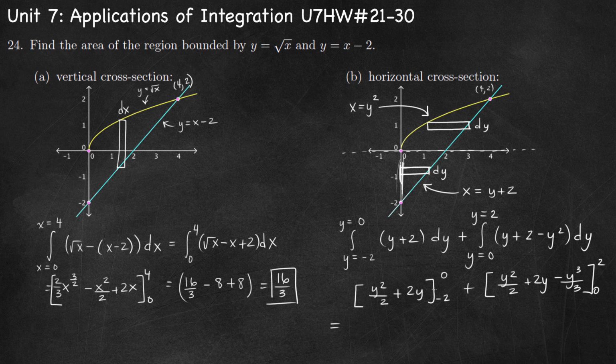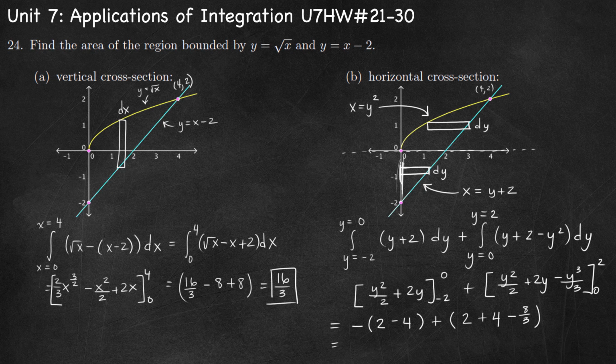When we sub in 0 here, we get 0, minus, when we sub in -2, we get 4 over 2 minus 4. Plus we sub in the top values, so when I sub in 2 over here, I get 4 over 2 is 2, plus 4, minus 8 over 3, and then minus sub in the 0, but that's just going to give us 0.